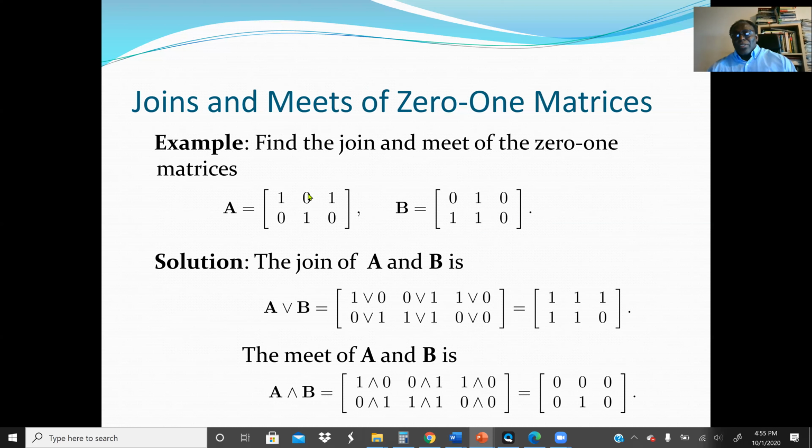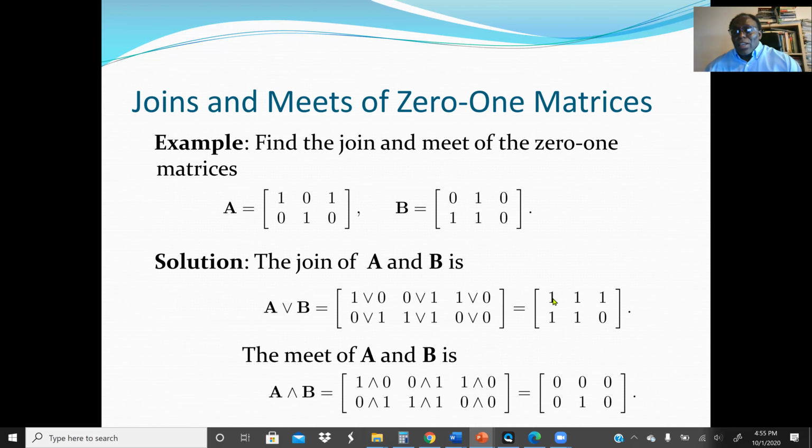Whether multiplication or addition, conjunction or disjunction, we do the same thing on each element. 1 disjunction 0 is 1, 0 disjunction 1 is 1, again 1, and 1 disjunction 1 is 1. We only get 0 if both are 0. So finally, our answer will be 1, 1, 1, 1, 1, 0.